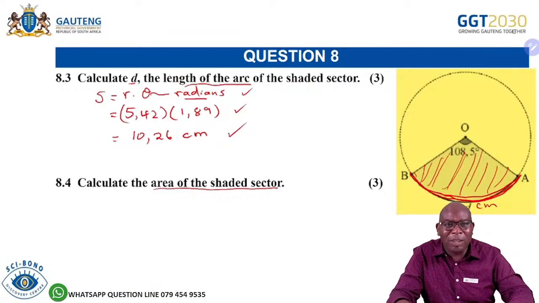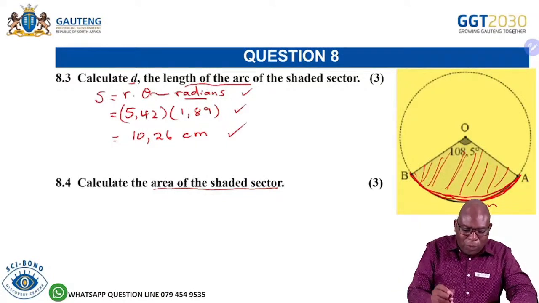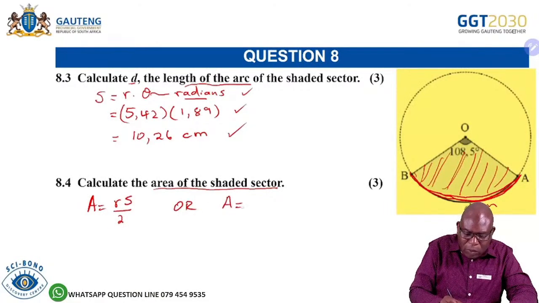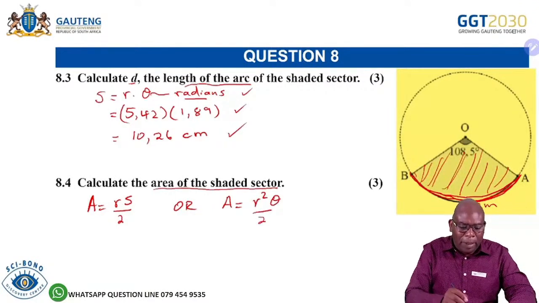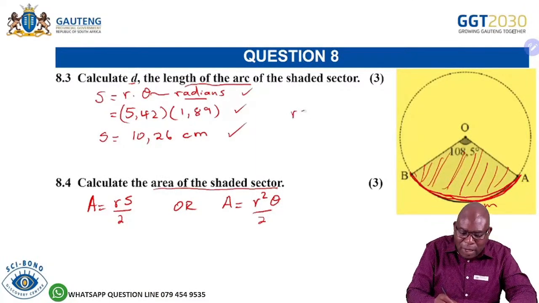It will be written area of the sector. There are two formulae there: A equals RS over 2, or area equals R squared theta over 2. But here already I've got S and I know what my R is.